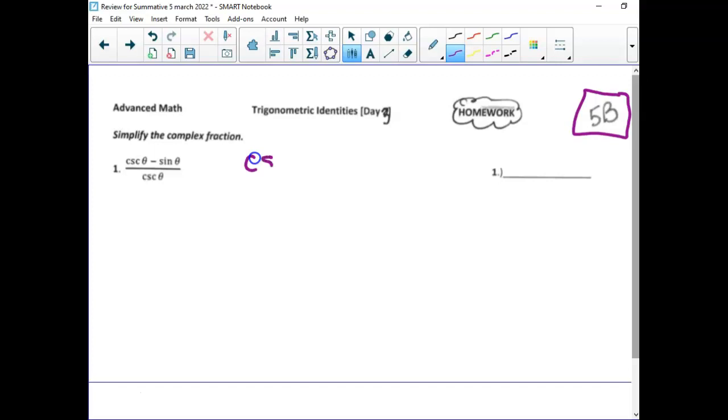You could make it cosecant of theta over cosecant of theta minus sine of theta over cosecant of theta. Now, that only works when you have a single denominator, okay? If you have an expression in the denominator, that doesn't work.